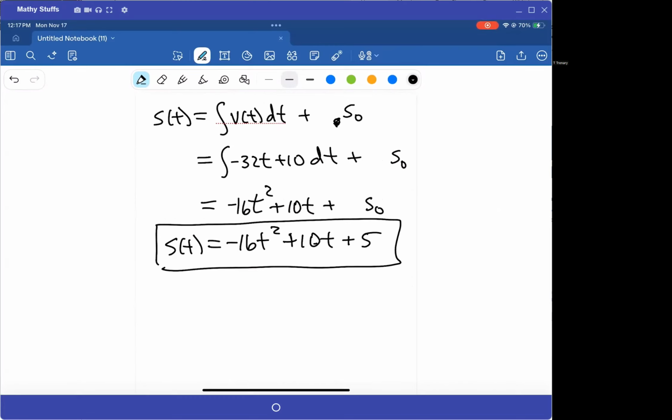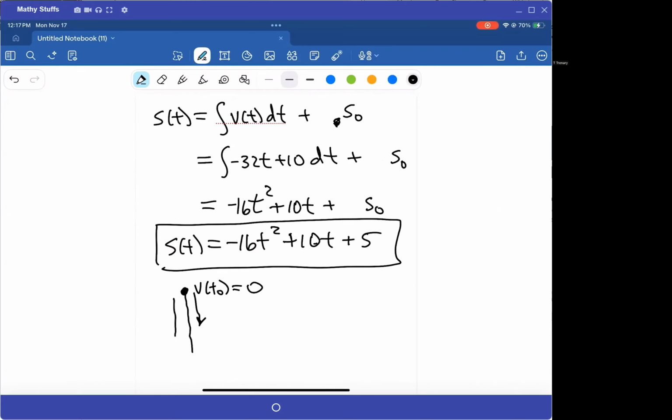But those questions might actually be a little bit easier to answer, especially the first one. At what time is the ball at its maximum height? If you think about how a ball moves, it's going to go up and its velocity is going to slow. When it reaches its apogee, its max, you're going to have the velocity at that moment equal to 0 before the velocity starts becoming negative.